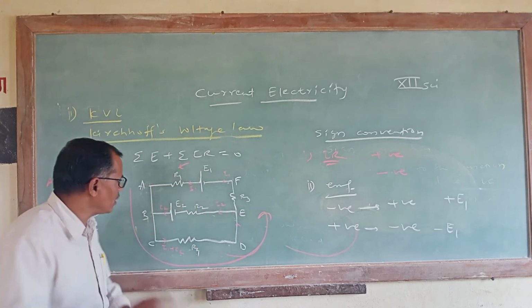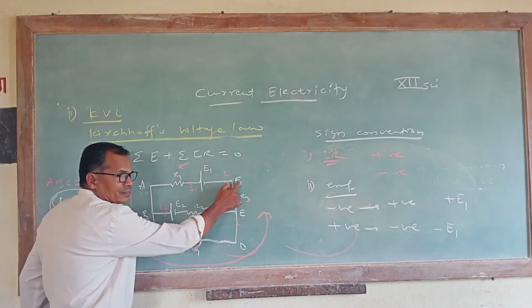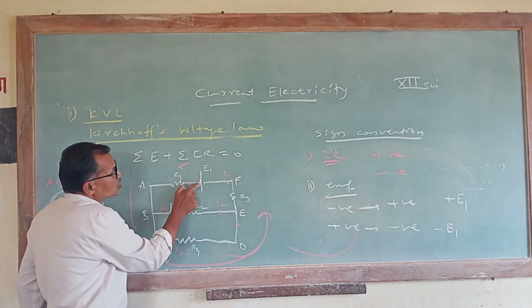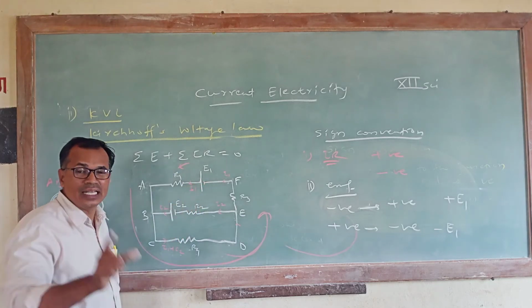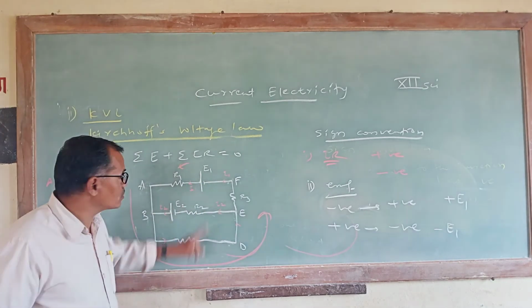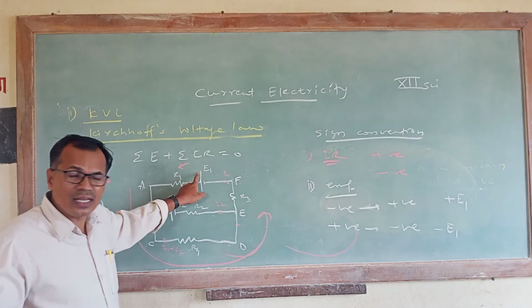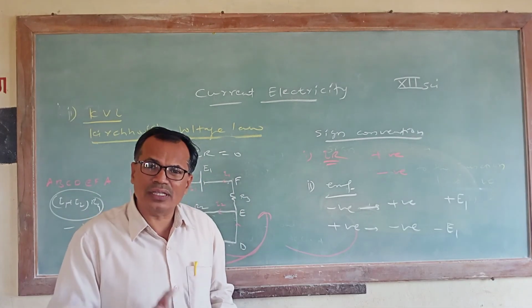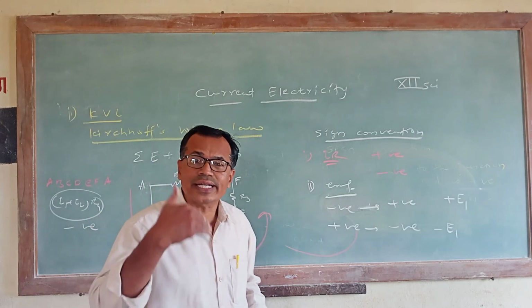And if you travel from A to F, then we travel from positive to negative, so the EMF is minus E1. That is, whether the EMF is positive or negative depends upon the direction in which we have traced the loop.